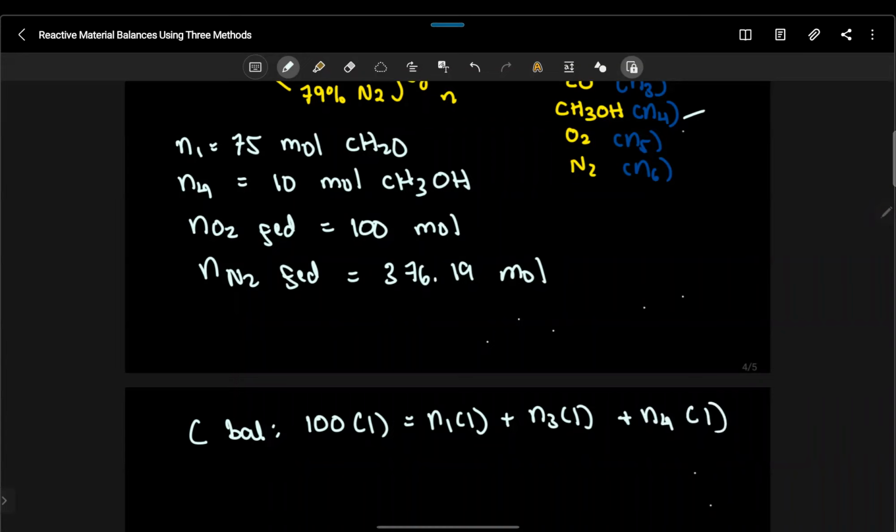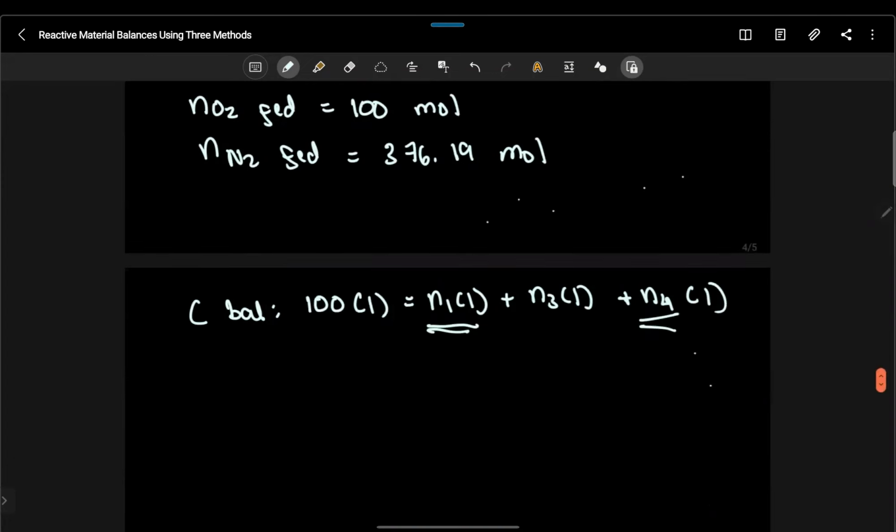But, we know what's N1 and we know what's N4 kasi nakuha na natin sila from the yield and from the conversion. So therefore, ang unknown na lang dito ay si N3. Okay? So therefore, N3 is equal to, substituting N1 and N4, right? N3 will be equal to 15 moles of carbon monoxide. So yan, kuha agad yung N3.